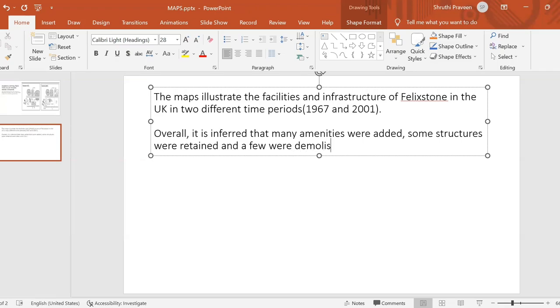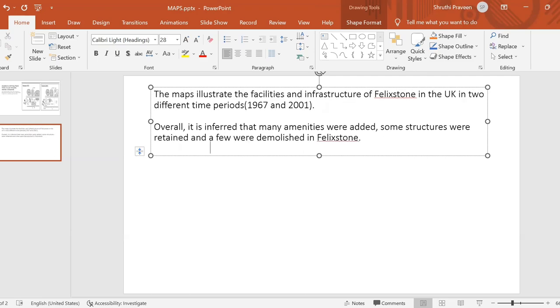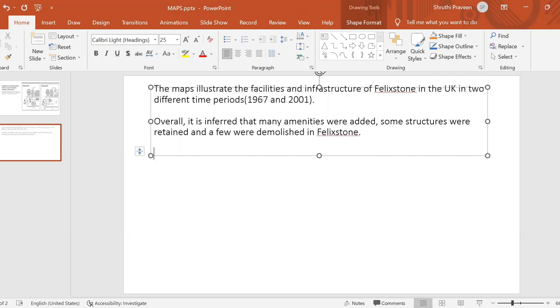So this is my first observation as I see the map. Overall, it is inferred that many amenities were added, some structures were retained, and a few were demolished in Felixstowe. That is my first impression of the map.